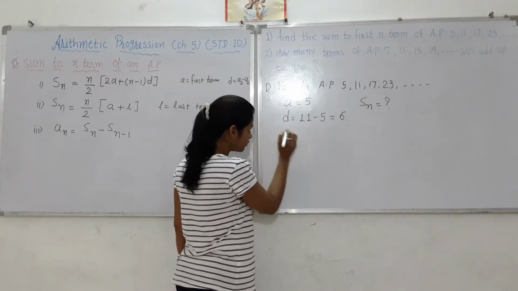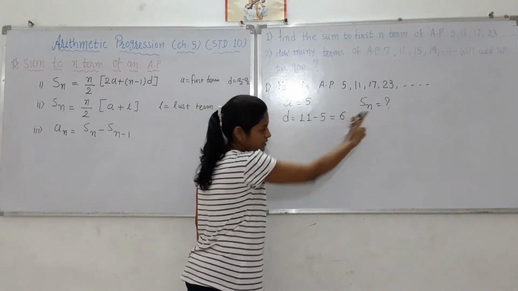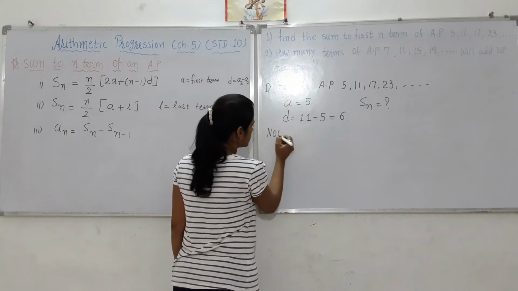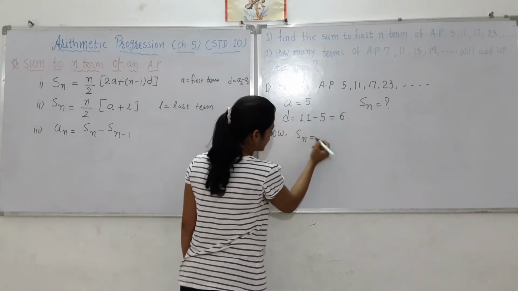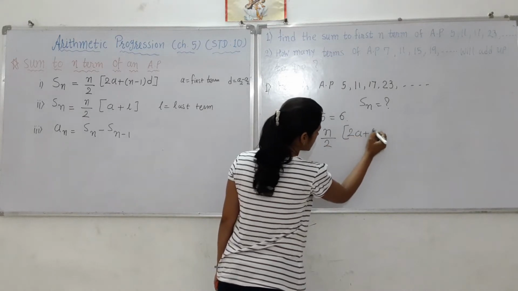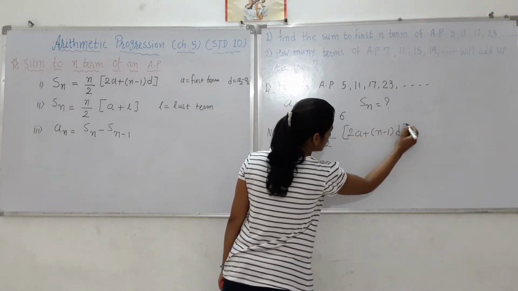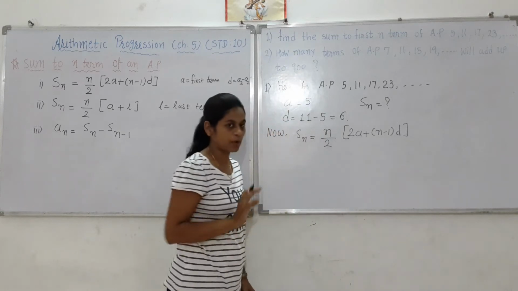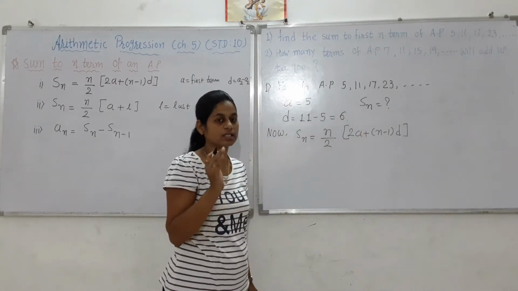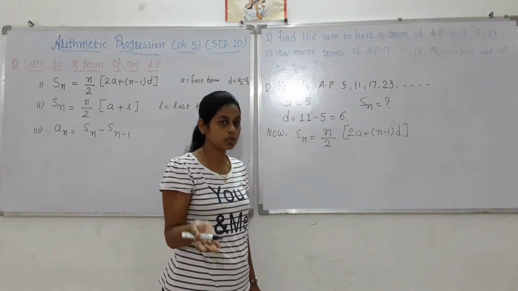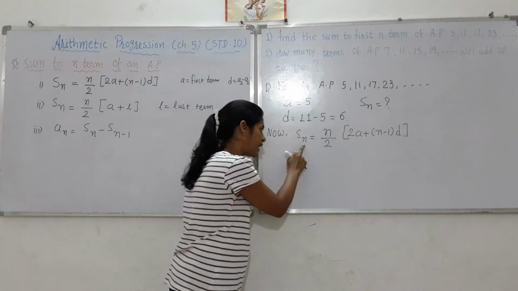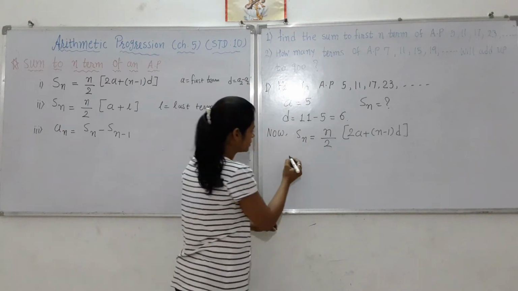Now, whenever you want to find Sn, you should use its formula. So Sn's formula is n upon 2 into 2a plus (n minus 1) into d. Now put the corresponding values. N stays as it is because you want to find the sum to n terms. Suppose you want to find the sum to 10 terms, then you can write n is equal to 10.